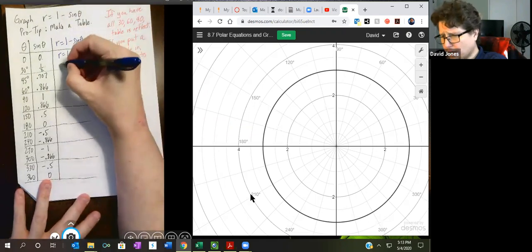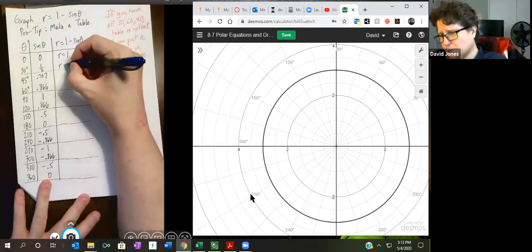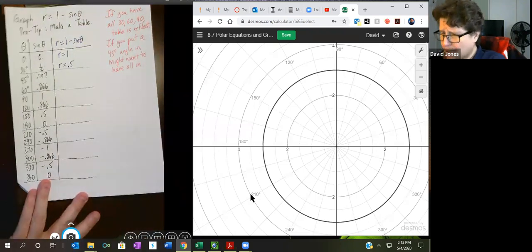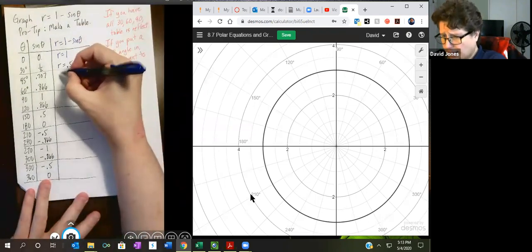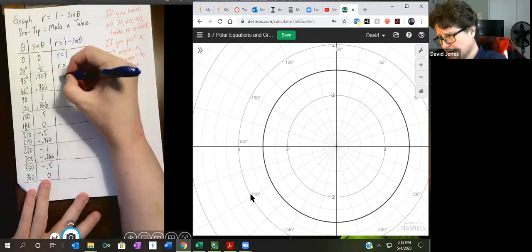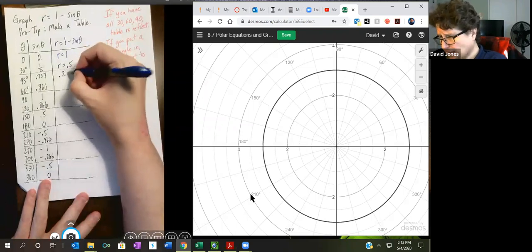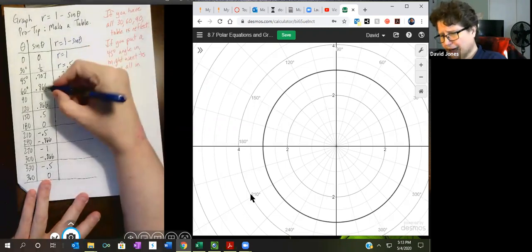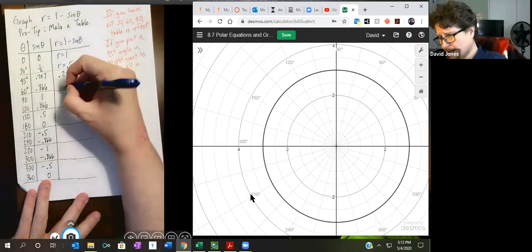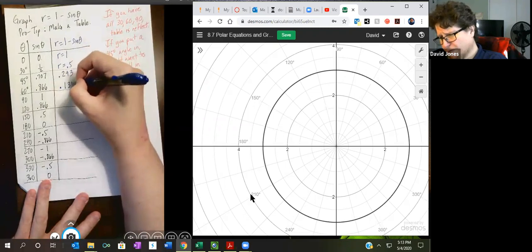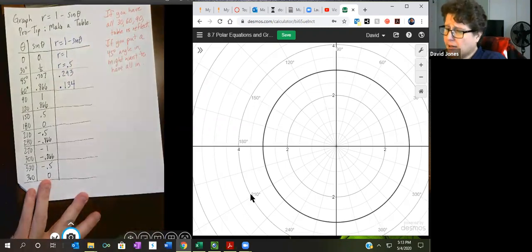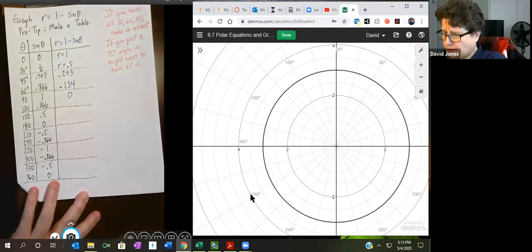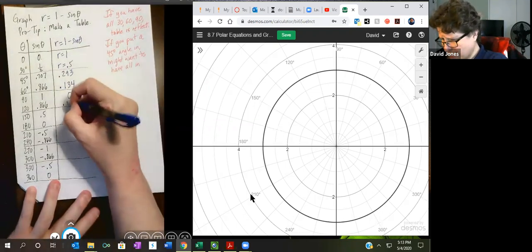Here I get r equals 1 minus a half is 0.5. 1 minus 0.707 is 0.293. 1 minus that is 0.134, I think. 1 minus 1 is 0. And now it starts to ricochet.